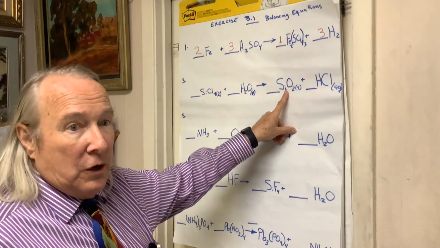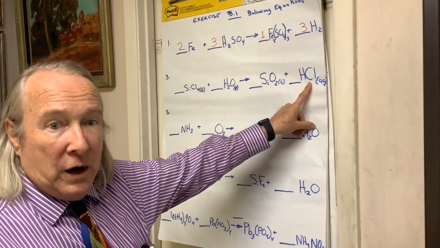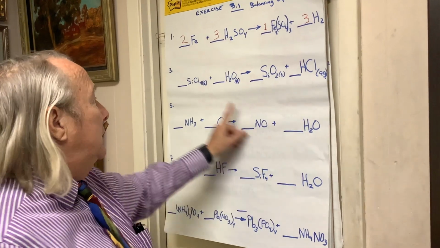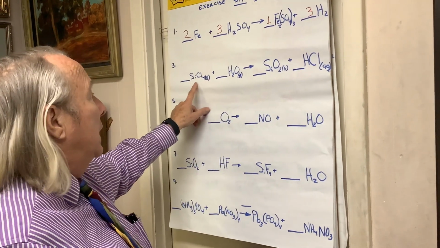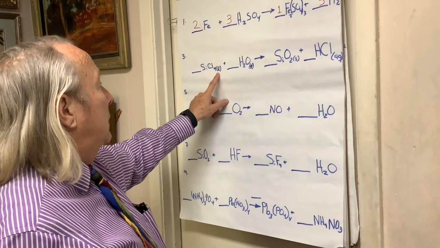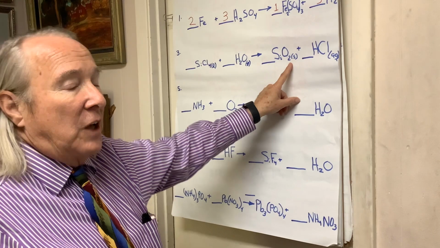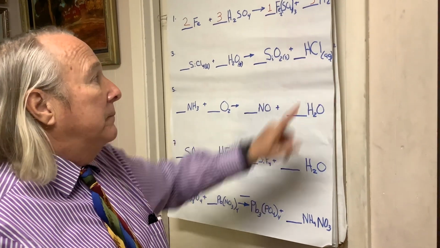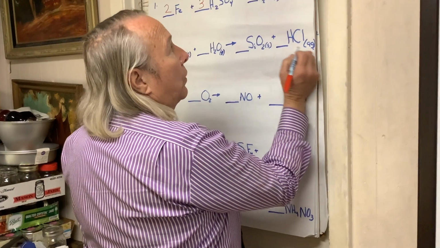This is silicon dioxide plus HCl, or hydrochloric acid. This one has some symbols underneath it, giving the states. Liquid silicon tetrachloride plus liquid water gives solid silicon dioxide plus hydrochloric acid dissolved in water, or aqueous.